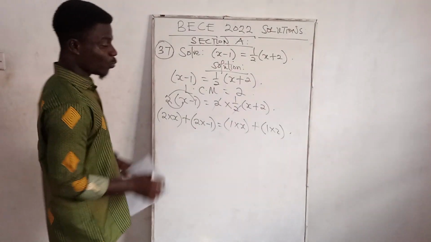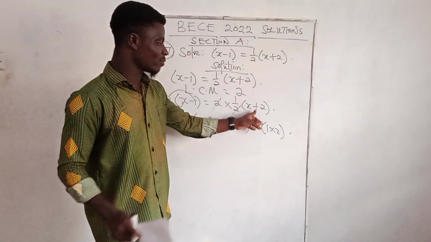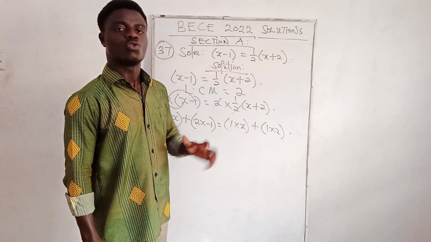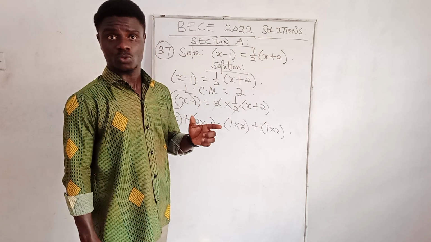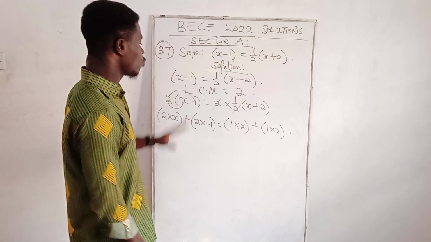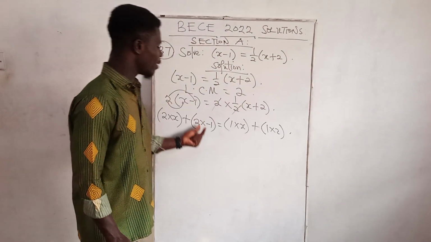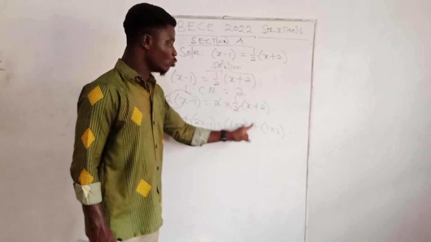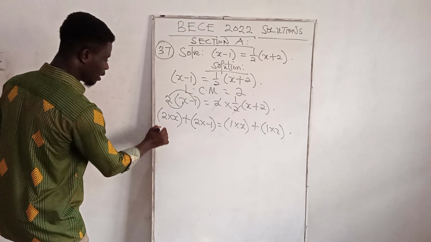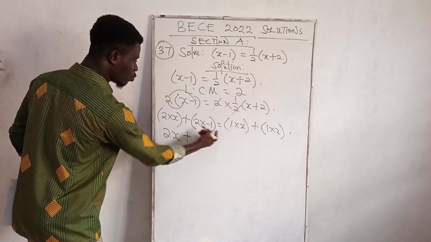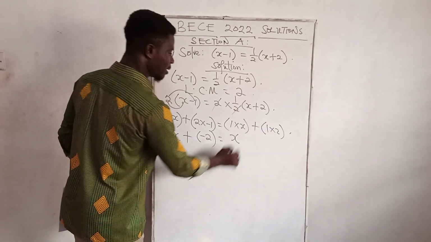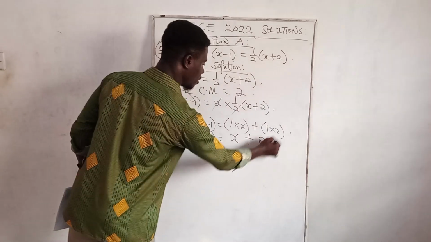Minus is very, very dangerous, so use plus to compensate that. So 2 times x, you get 2x, then plus 2 times negative 1, you get negative 2, equals 1 times x, which is x, then plus 1 times 2, which is 2.